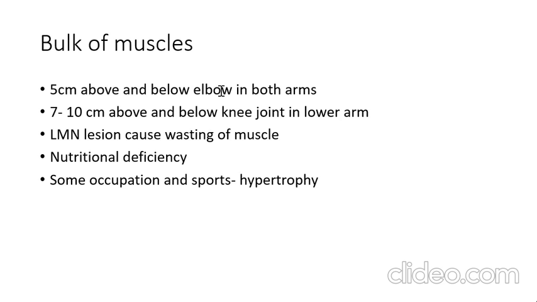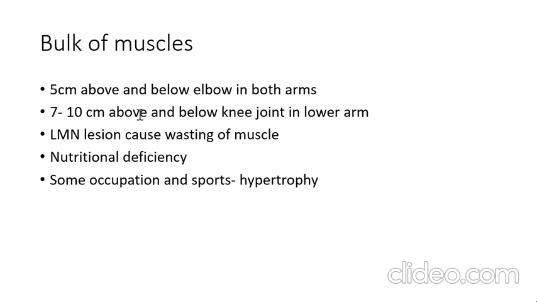This is very important, that for symmetry you will be assessing both arms, right? If you are assessing above the elbow on one arm, the opposite arm at the same distance should be measured, right? Now 5 centimeter above and below the elbow in both arms. This way we can measure arm circumference. Same for the lower limb, where the bony landmark is the knee joint, right?